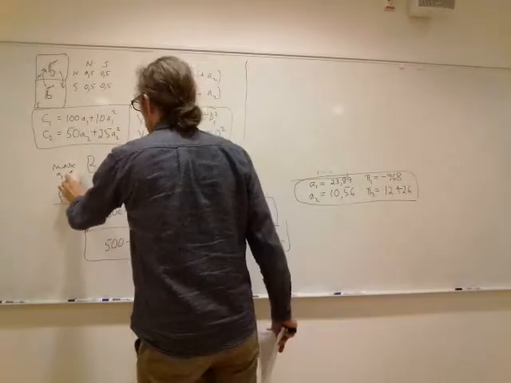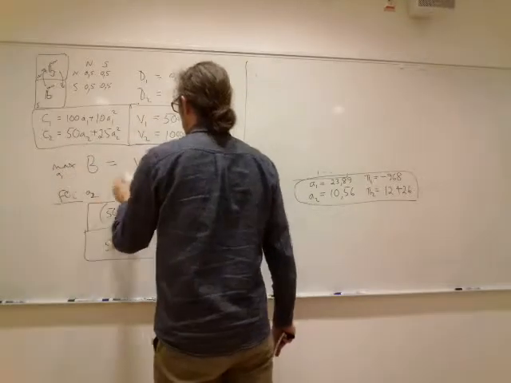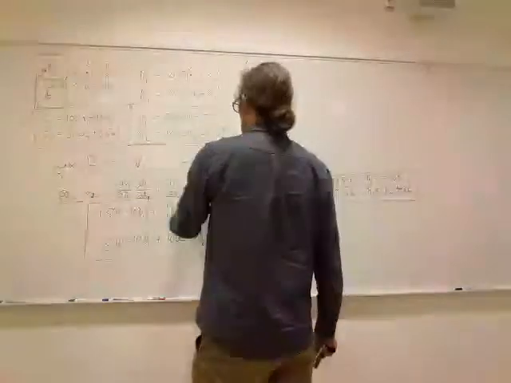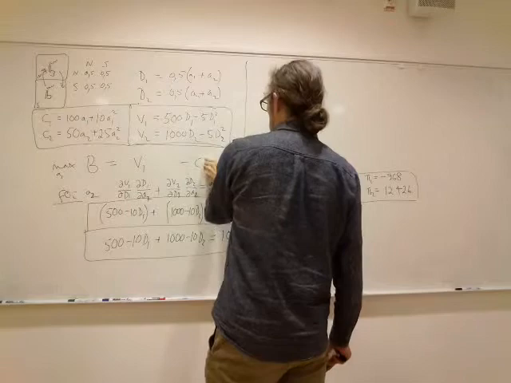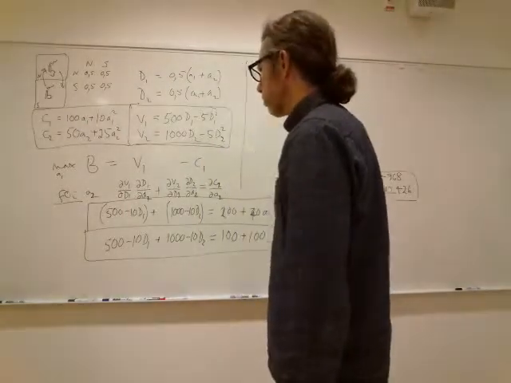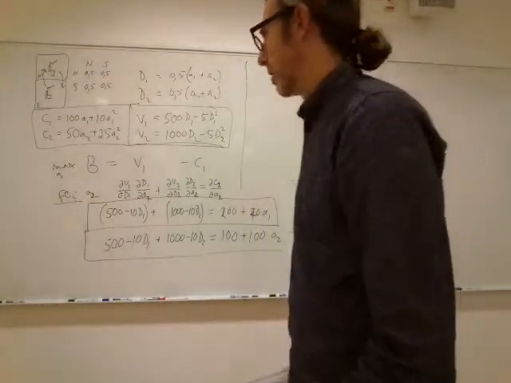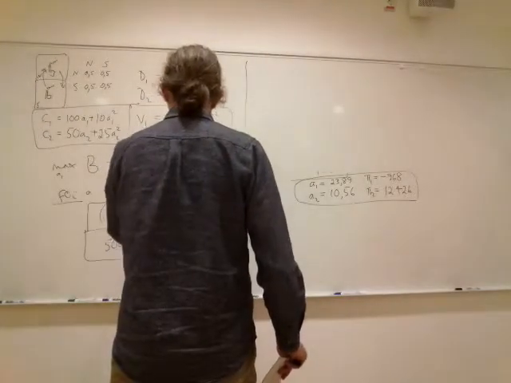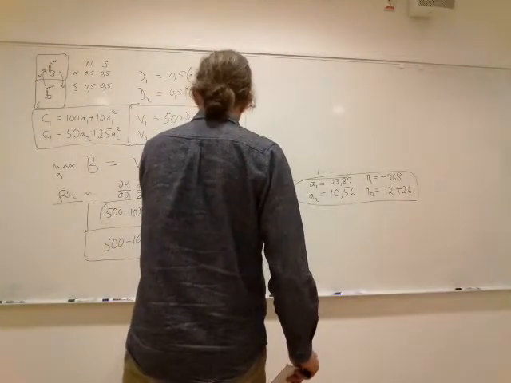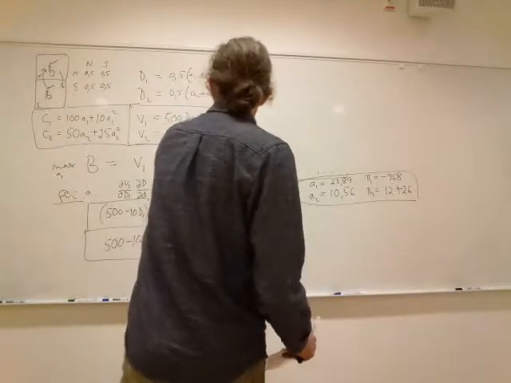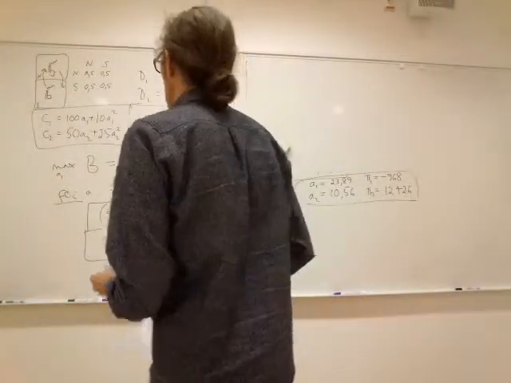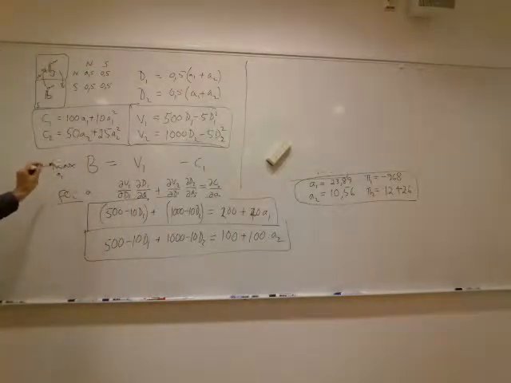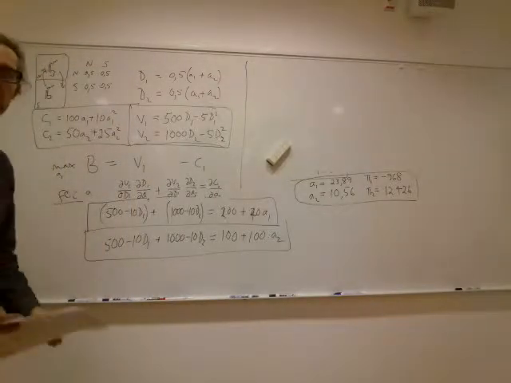So if we focus on country one, its problem is to maximize V1 minus C1, given its choice variable, which is A1.